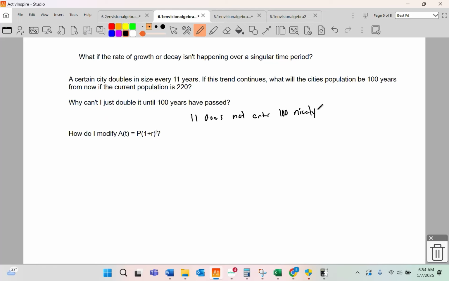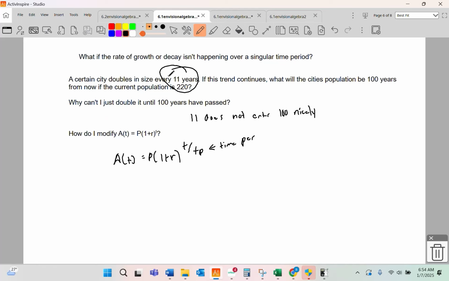So I modify an existing idea. And there is no formal letter for this, but there's the original equation for growth. And we're going to put that time over what I call TP, which is the time period, or the time per. Here it'd be 11.